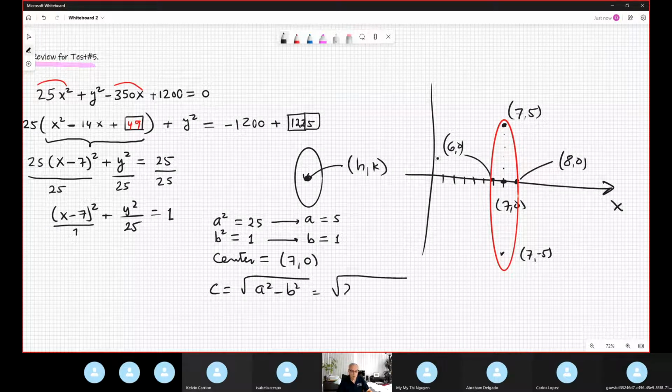This is 25 minus 1 is 24, and the square root of 24 in decimal approximation is 4.89. Boom. And this is very close to the vertex here. This is the vertex and this is the focus. Okay. Let's see in Desmos.